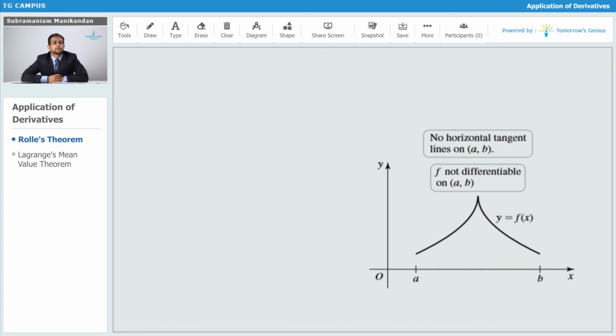At this point, since this is a sharp point, the function is continuous, however it is not differentiable, and therefore again it becomes impossible to draw a tangent which is perfectly horizontal at any point between a and b for this function. And therefore this graphical example highlights the importance of those two conditions for Rolle's theorem to be applicable. That is, the function should be continuous and differentiable in the given interval for Rolle's theorem to be applicable.